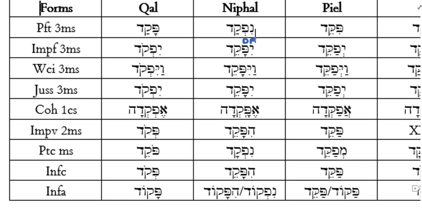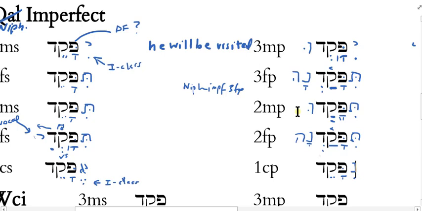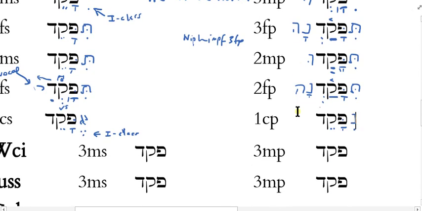The translation value, though, is going to reflect the WCI translation value, which is what time frame? WCIs are past, right? So if I wanted to say vayyipaqed, then the Niphal tells me it's got to be passive, and the WCI form tells me it's got to be past and passive. So he was visited.